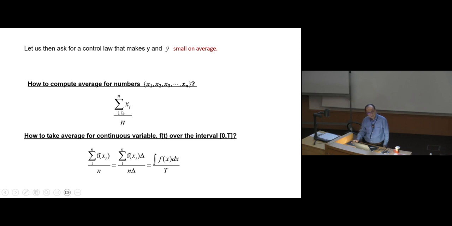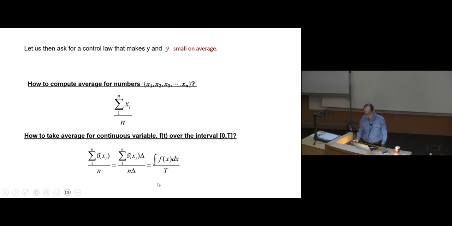Essentially it is the same as this. You take the average, but you cut this duration into small intervals. On the top, you multiply by those small segments and you sum them up. That makes it into an integral.